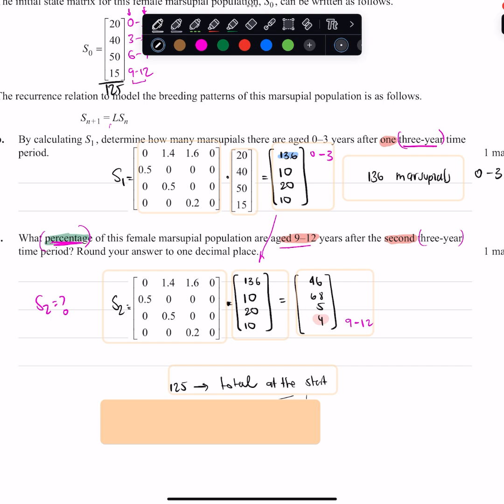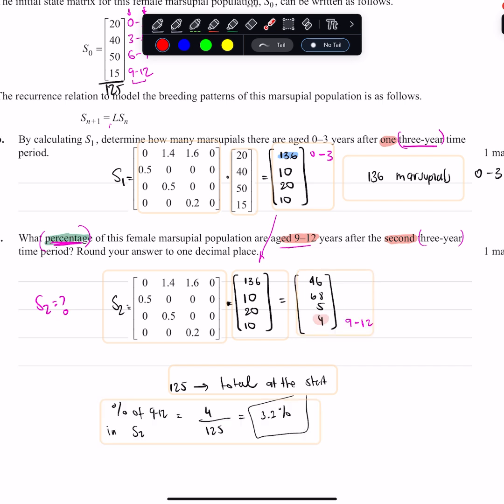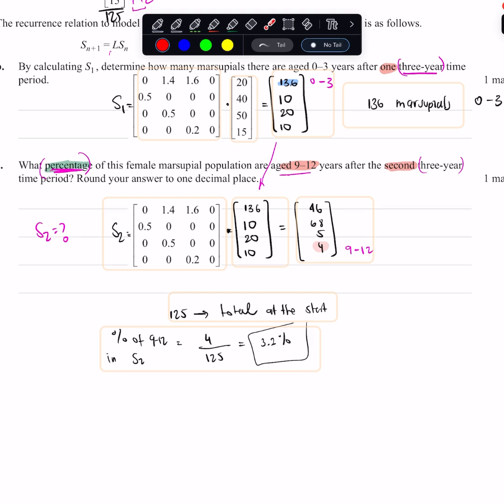I added all these numbers here, and they gave me 125 marsupials at the start. And I want to see what is the percentage in the second year. Well, it's 4. So 4 divided by 125, it would be 3.2% of marsupials aged 9 to 12 in the second year. All right.